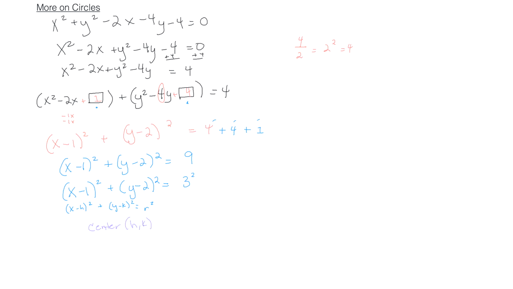My center is 1, 2. And my radius is 3. And this is why we learn how to complete the square. You figure that out somehow, like in my whole life. Completing the square helps you with the formula of a circle.